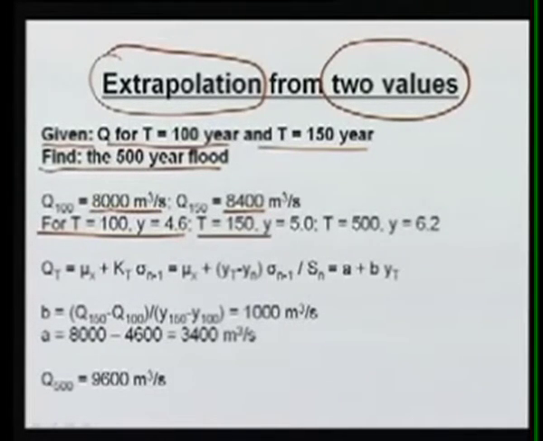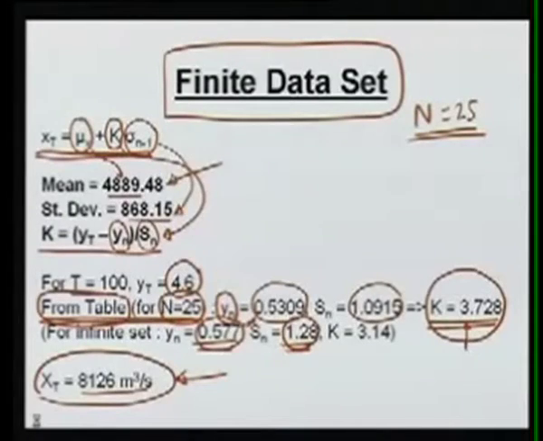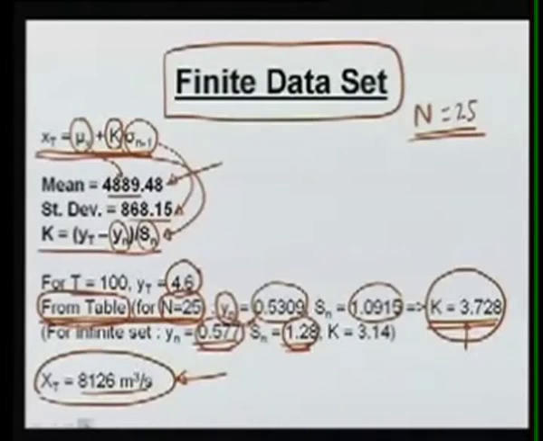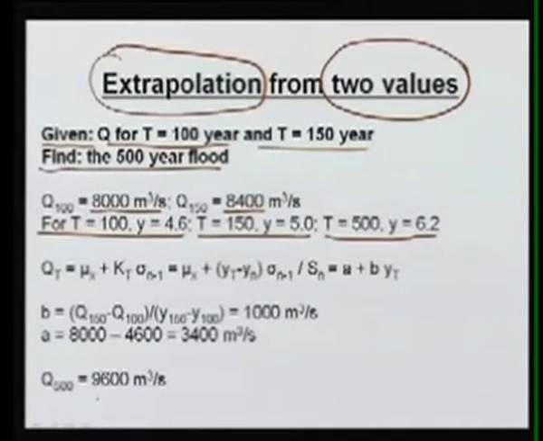For t equal to 150 we can obtain y as 5.0, and for t equal to 500 y is 6.2. So using this 6.2 we could have extrapolated this value and obtained, say 6.2 will be somewhere here. So we can see that it will be close to about 9500 or so. But using the calculations also we can look at this, how to compute this.